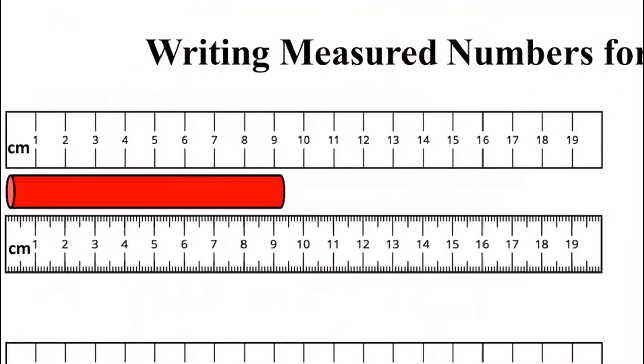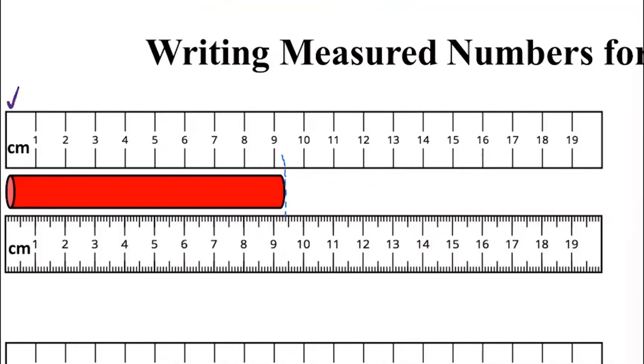In the image that we have here, we are going to measure the length of this rod, okay? Let me just do a dotted line so we can see where this lands, okay?